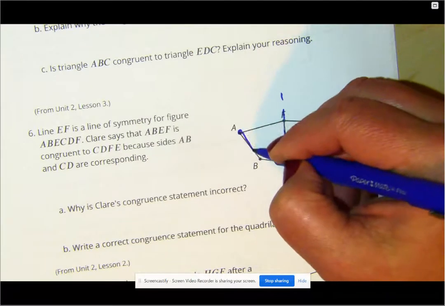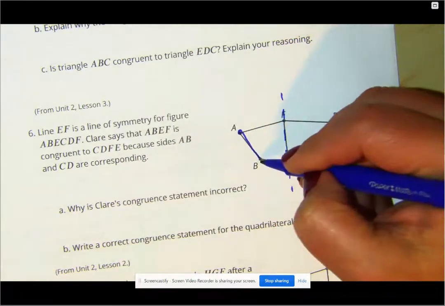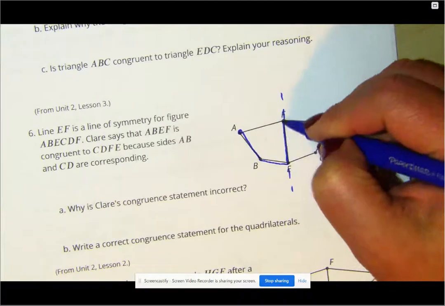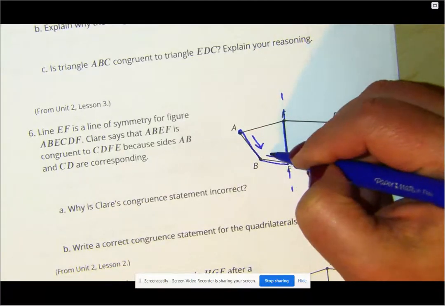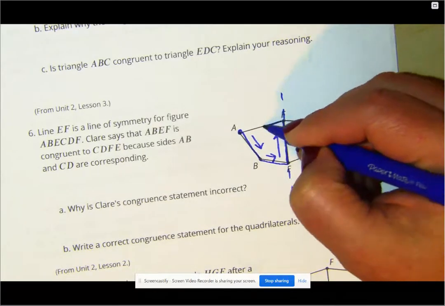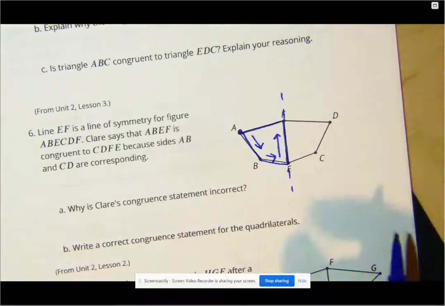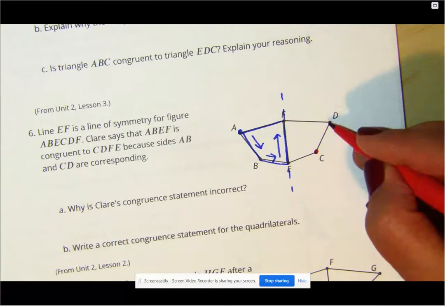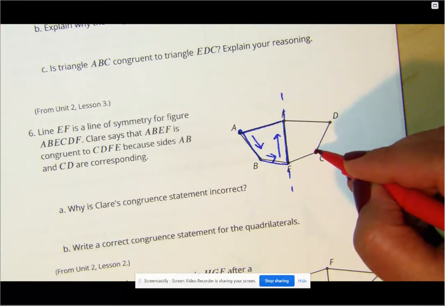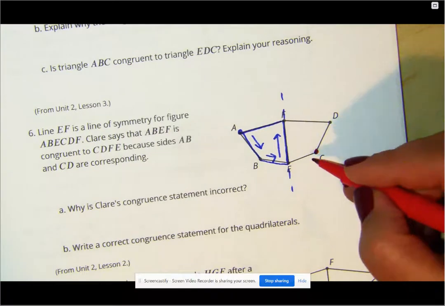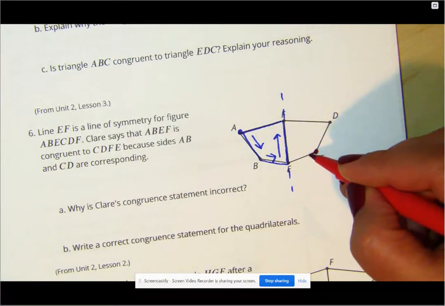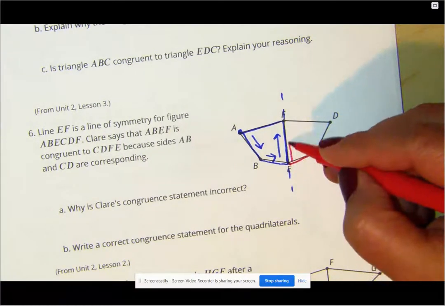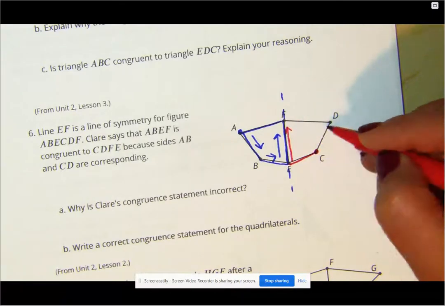A, B, E, F. So she went like this. And it should be a mirrored copy over here. And she went like this. C, she went up to D. It should be C. Well, now I've covered up. Oh, that's E. It should be C, E, F, D.